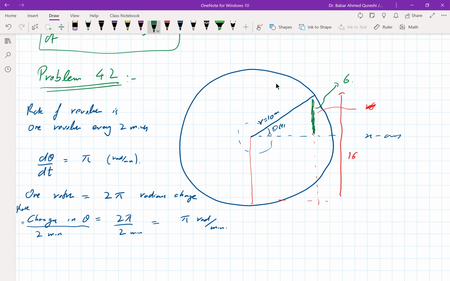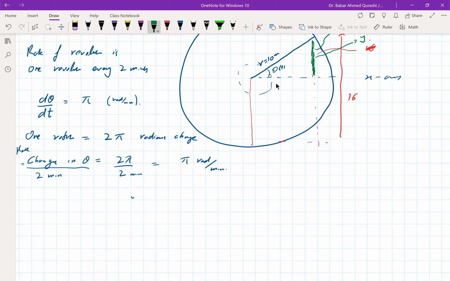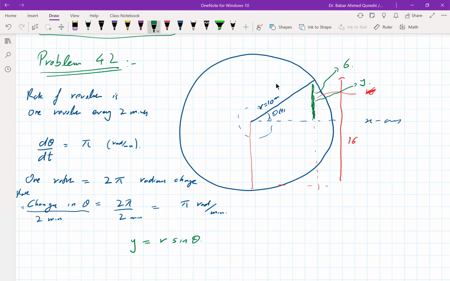So if I call this length y and this angle theta, y is simply r sine theta. We want to know at what rate this person is rising above the ground level.